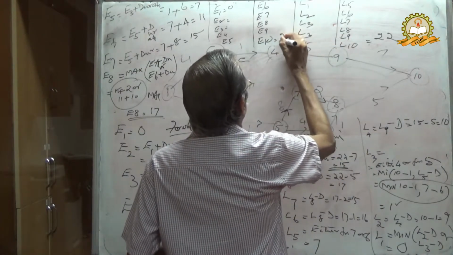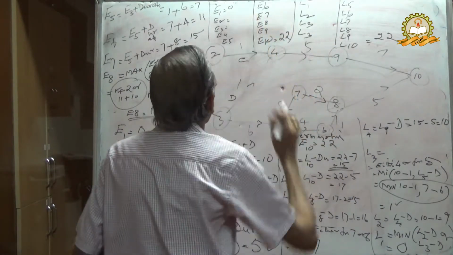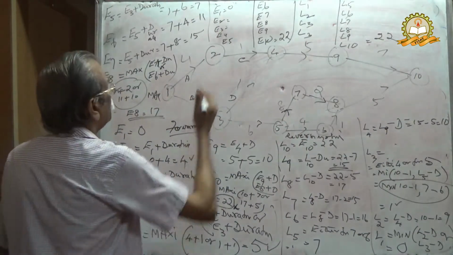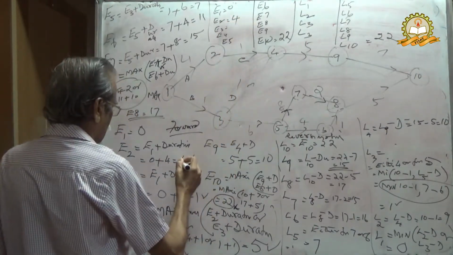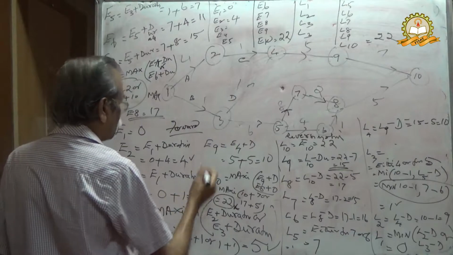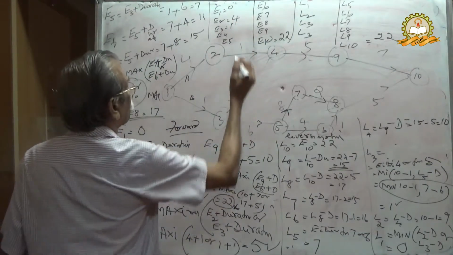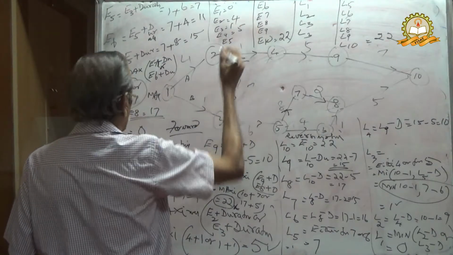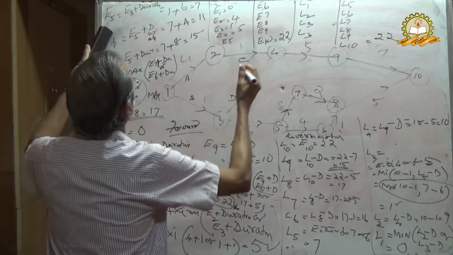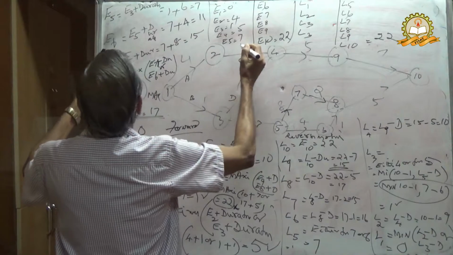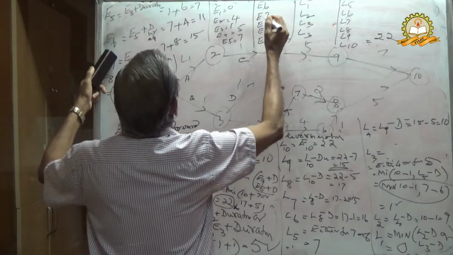E10 equal to 22. E1 equal to 0. E2 equal to 4. E3 equal to 1. E4 equal to 5. E5 equal to 7. E6 equal to 11.